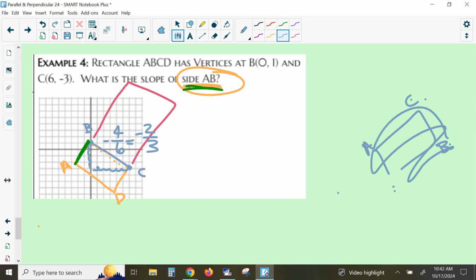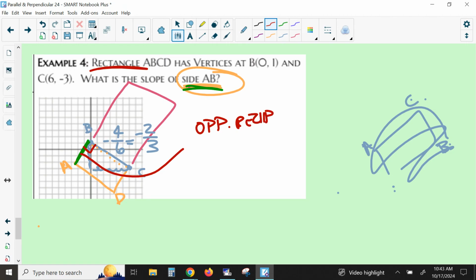Is it the same? Is it perpendicular? What is it? Is this green side parallel to the gray side, or is it perpendicular to it? It's perpendicular to it. So since this is a rectangle, that's perpendicular, which means the slope of this side has to be the opposite reciprocal.